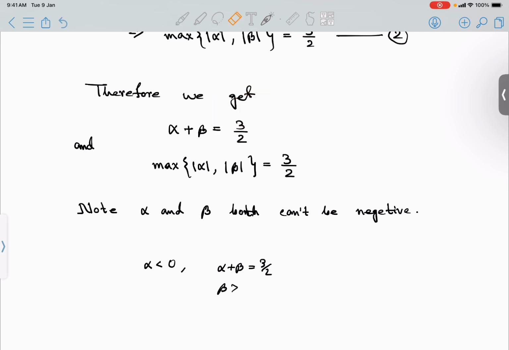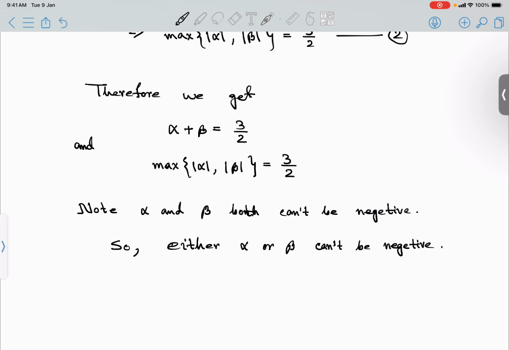So one cannot be negative either. So both should be non-negative.